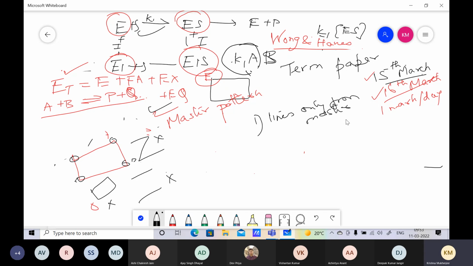The second thing: connect every pair, every node as it's called, every pair of enzymes. And also no closed loops. That's obvious.